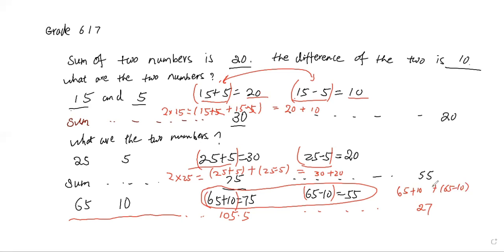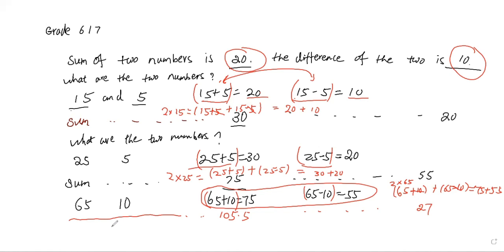If you add this together, using the commutative law and associative law, you could say this is 2 times 65 on the left hand side. Did you realize the pattern? If you add the sum and the difference, it is actually 2 times the big number.